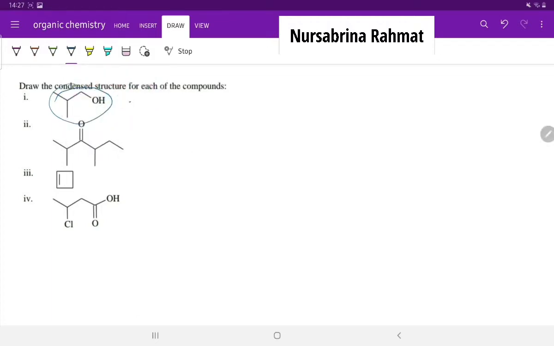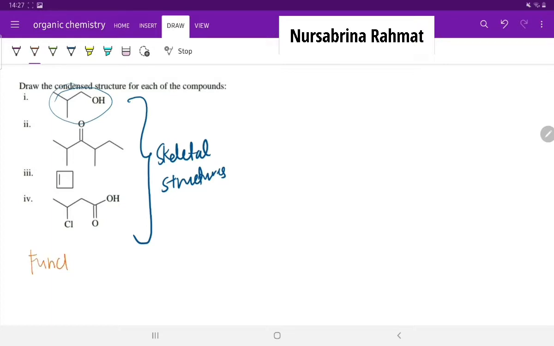All of these 4 molecules given here are skeletal structures, which are the simplified versions of structural formula of an organic compound, where we only show the functional group that is present, or other atoms other than carbon and hydrogen.